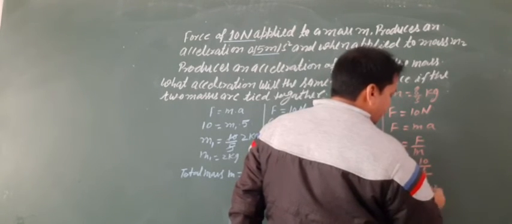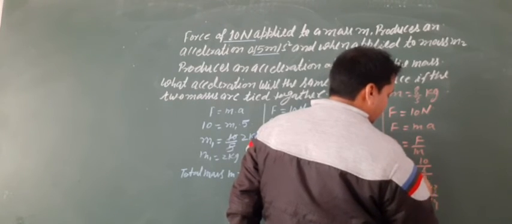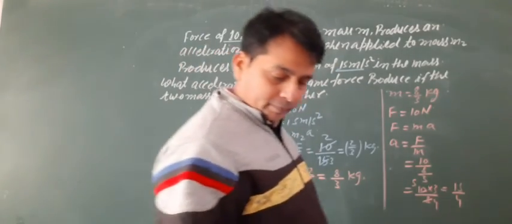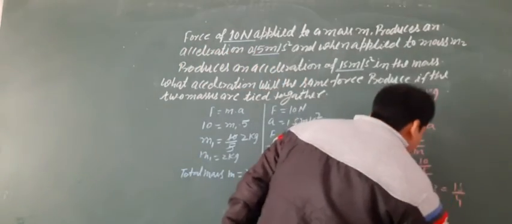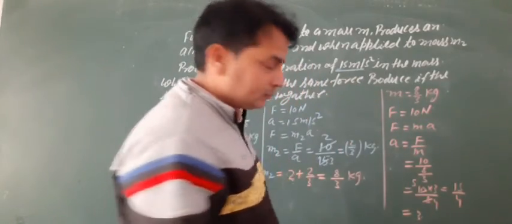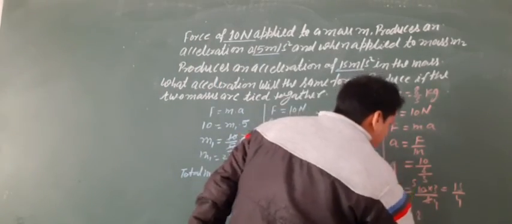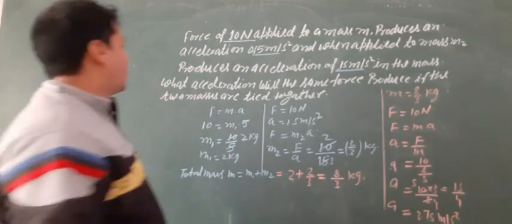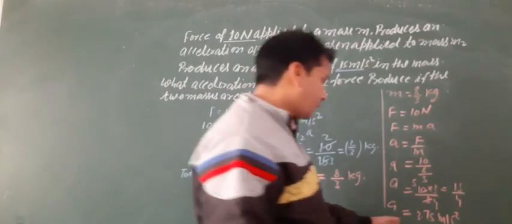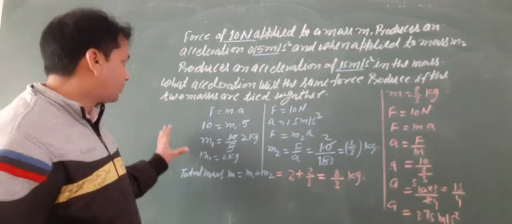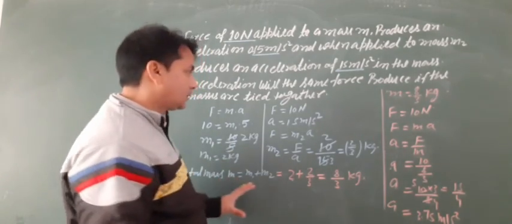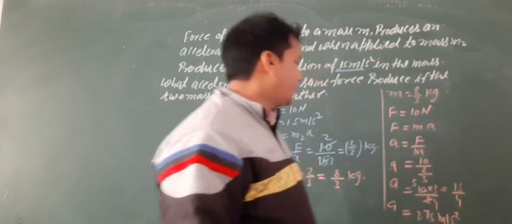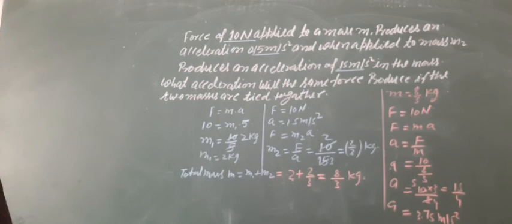Then 10 into 3 by 8, that is 30 by 8, which is 15 by 4, and that is 3.75 meter per second square. So the acceleration will be 3.75 meter per second square when the masses are tied together, that is 8 by 3 kg, and the force is 10 Newton. Then the acceleration will be 3.75 meter per second square.